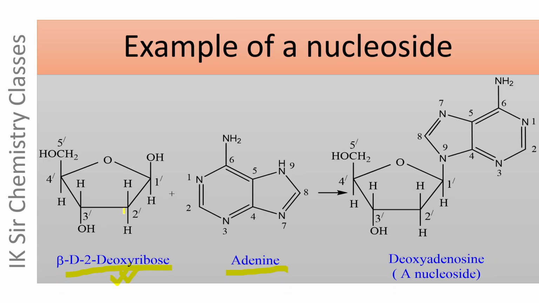If this sugar contains nucleobase at 1' position, the chemical species obtained is called a nucleoside. Here the nucleoside is called deoxyadenosine. This is beta-D-2-deoxyribose, and this is adenine moiety, and the nucleoside is called deoxyadenosine.